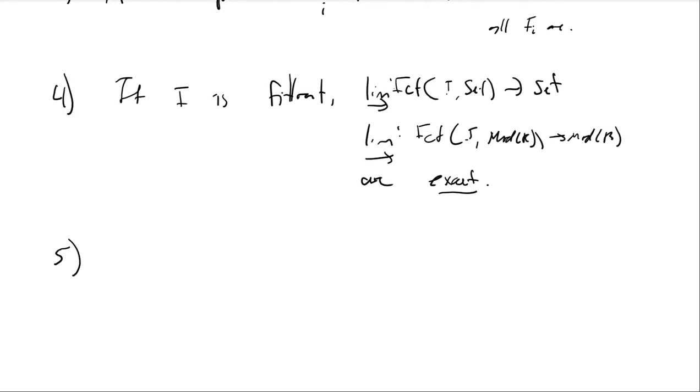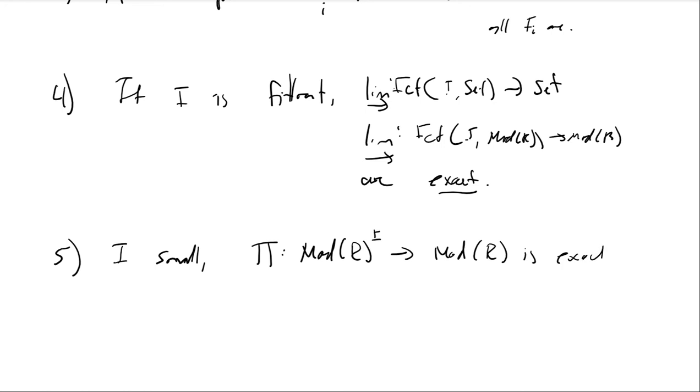And finally, when I is small, the product functor is exact. Okay.